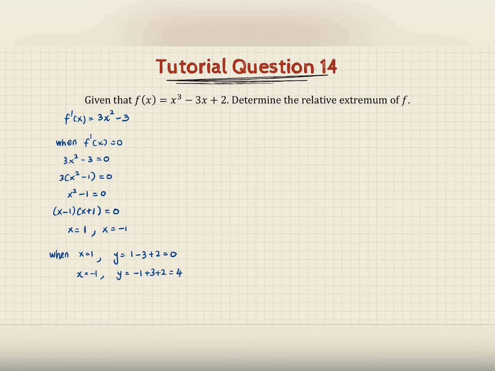So, kita akan buat table dia dahulu. So, kita akan lukis interval. Kita akan tulis dia punya interval dahulu. So start dengan negative infinity until negative 1, and then negative 1 until 1, dan last kali 1 until infinity. Okay.